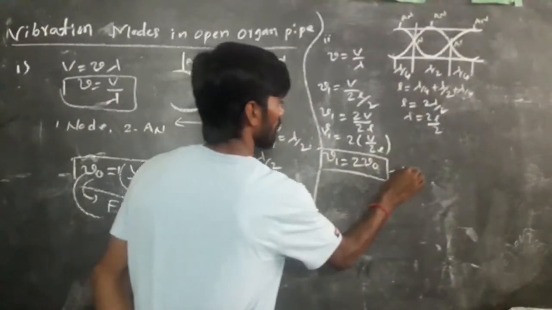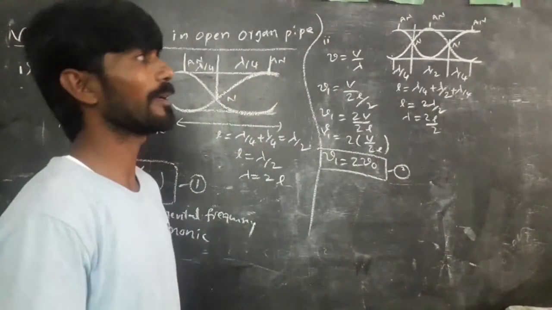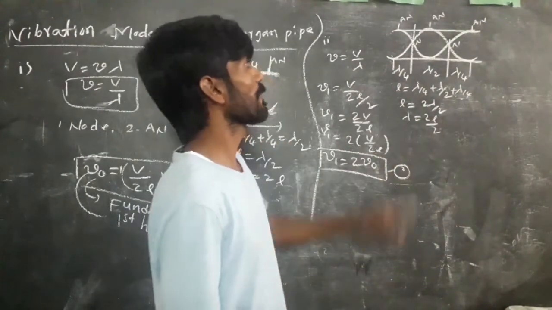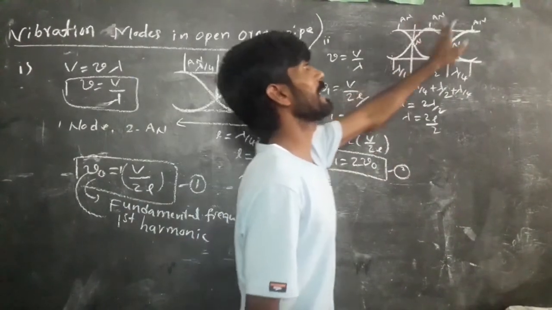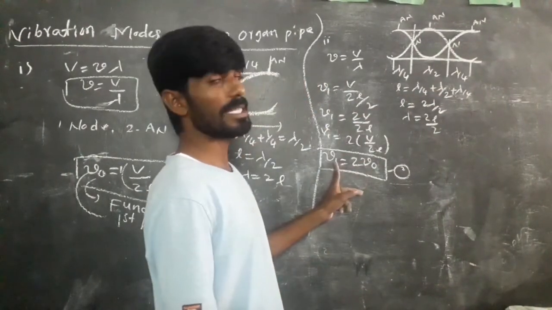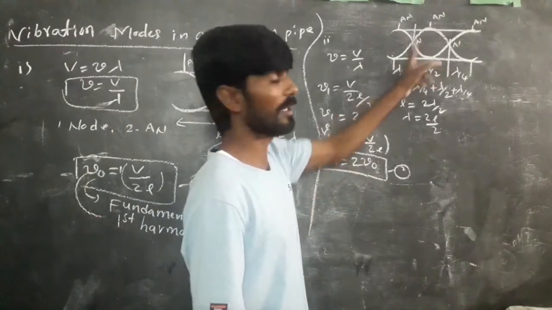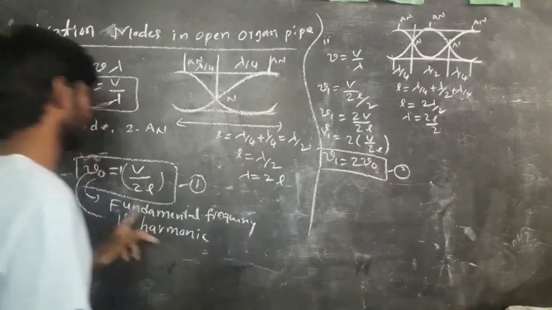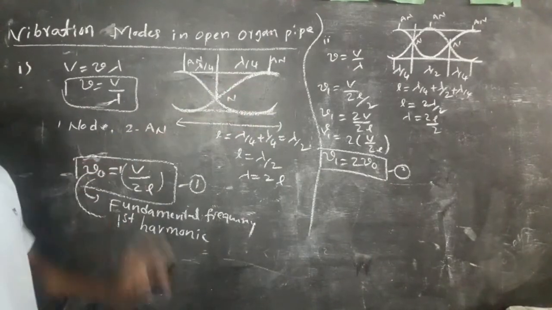What is the conclusion from the second equation? When stationary waves in an open organ pipe have 3 antinodes and 2 nodes, the frequency is equal to 2 times the fundamental frequency. So this is a relation.